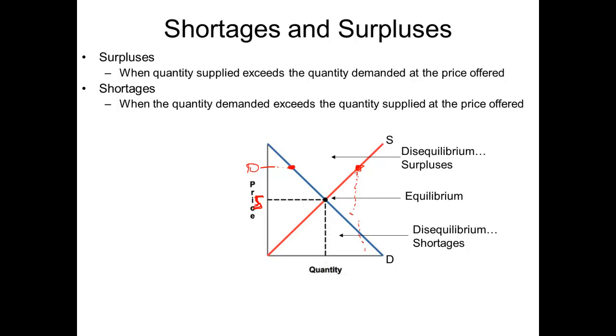But the bottom line is that businesses aren't going to have a demand for that much, so this gap here is a surplus of workers. Even though a lot of people want to work, at $10 an hour there are not going to be enough businesses that want kids to work at that price. And so you're in disequilibrium and you're going to have a surplus.